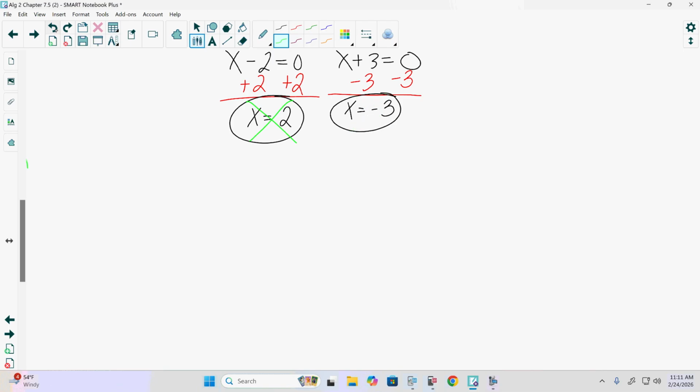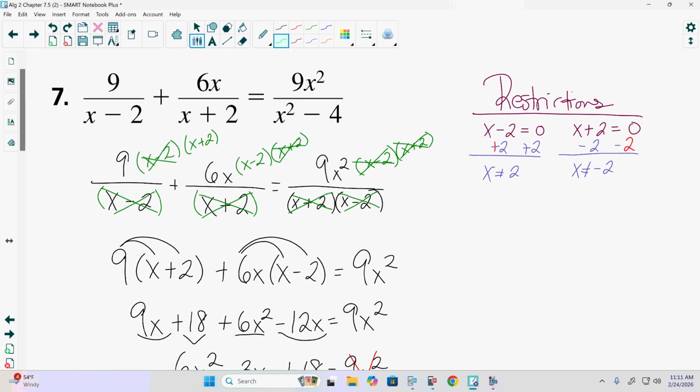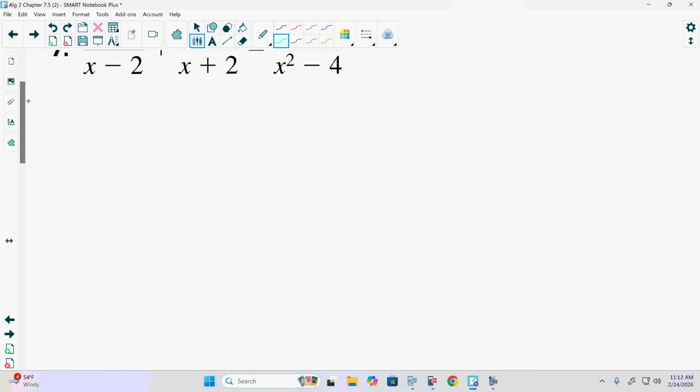Now, especially when it comes to the test, even if one of them is a restriction, I still want it listed. It's just we put a big old X through it showing that we know that it's a restriction, we throw it out. So the restrictions are any value of X that would make the denominators be 0. Because here we said 2 was a solution.